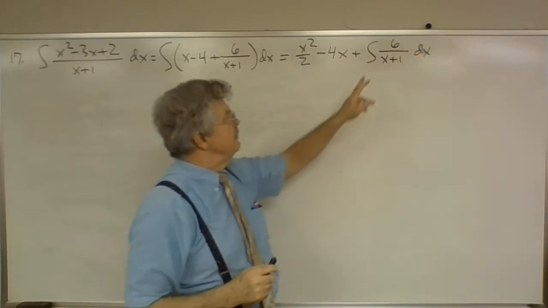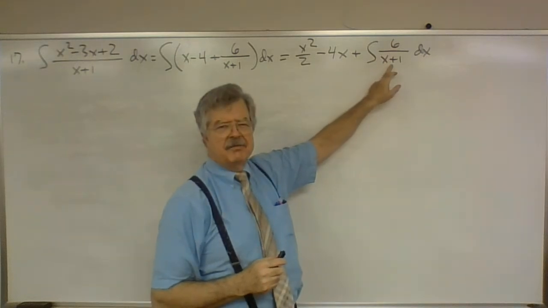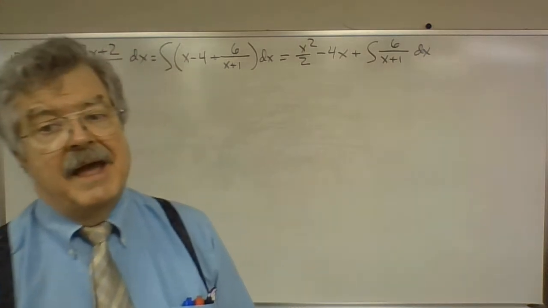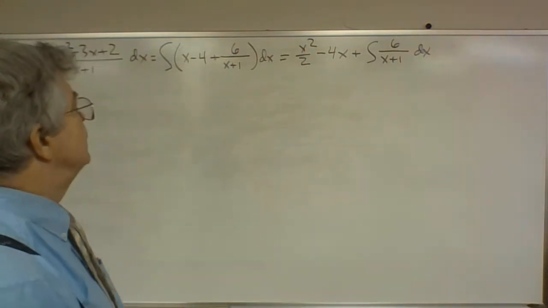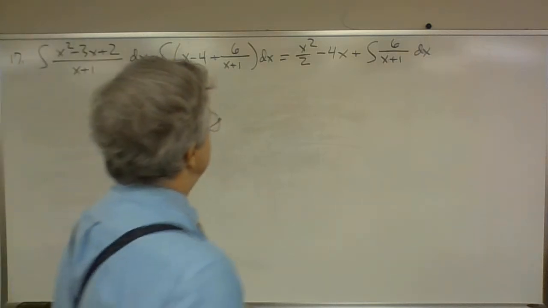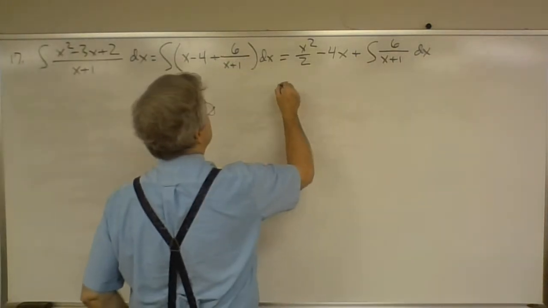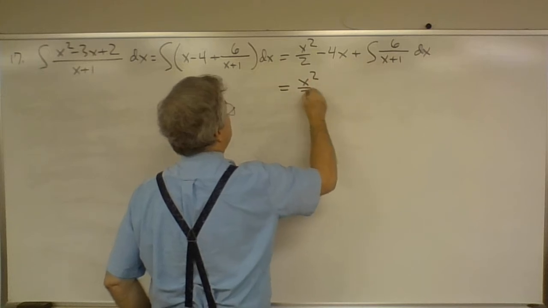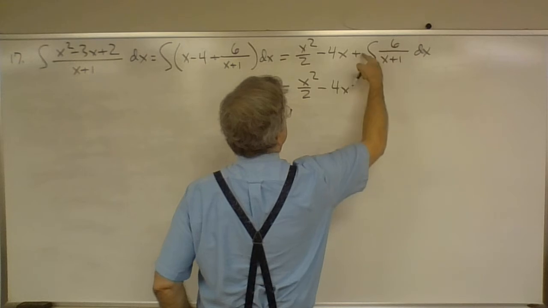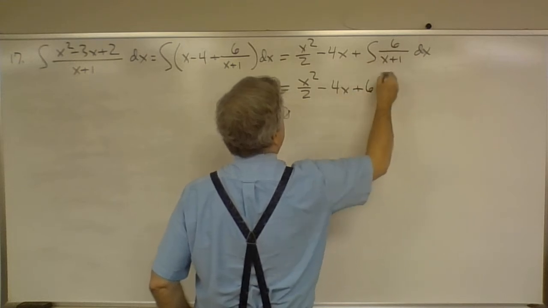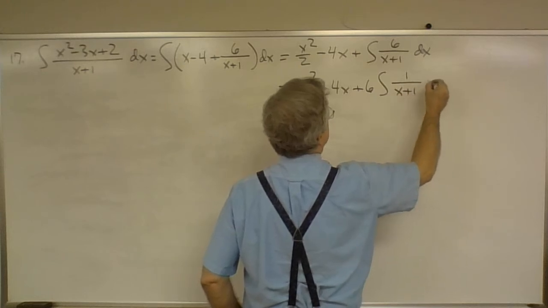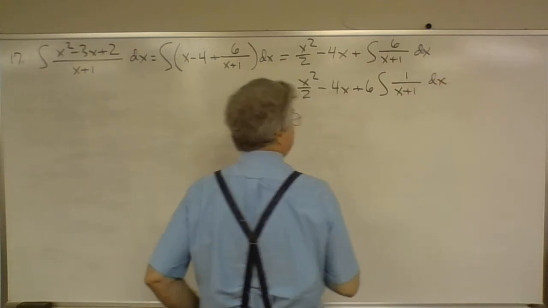All I have left to do, though, is to compute the antiderivative of this term. And I think that is going to be a snap. You know what? I'm going to rewrite this one more time. I'm going to move the 6 out front so that I have 1 over x plus 1 dx.